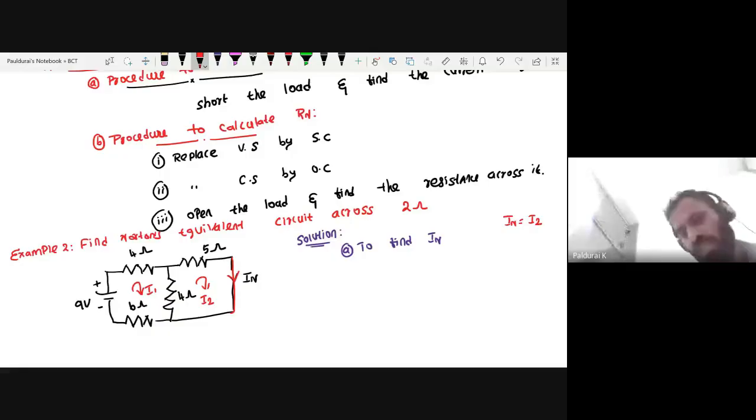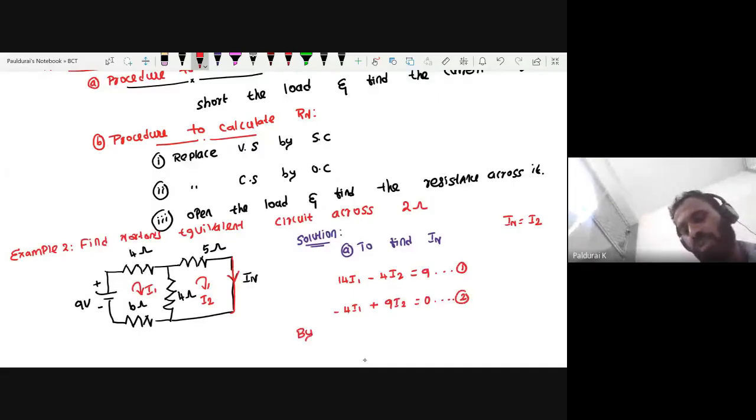So it is a simple application of mesh analysis. If we calculate, you will get 4 plus 4, 8 plus 6, 14 I1 minus 4 I2 equals 9, equation number 1, and minus 4 I1 plus 9 I2 equals 0.